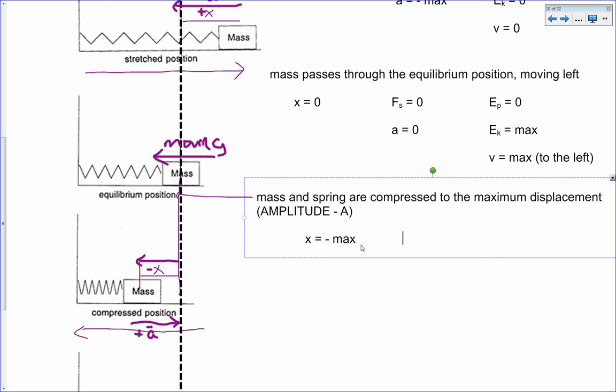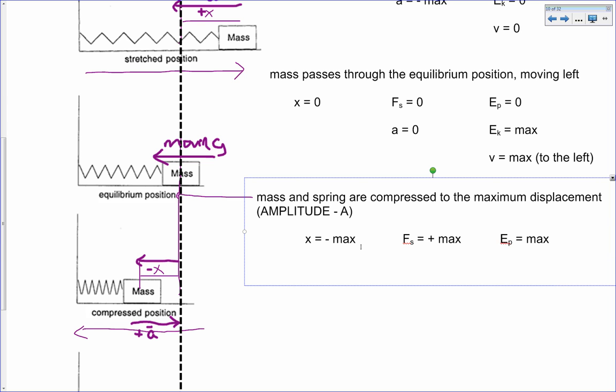Restoring force is a positive maximum. Remember, restoring force and displacement are in opposite directions. Because displacement is a maximum, potential energy is also a maximum, and that means acceleration is a positive maximum. But kinetic energy is 0, which means the velocity is 0.